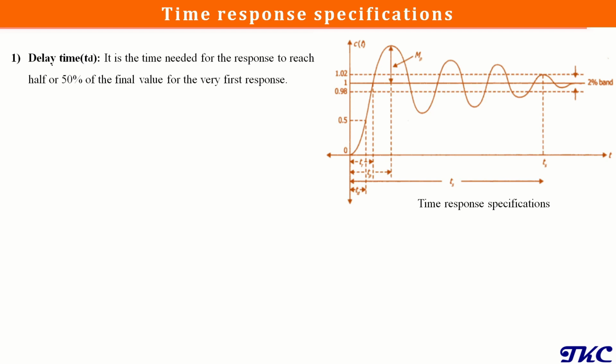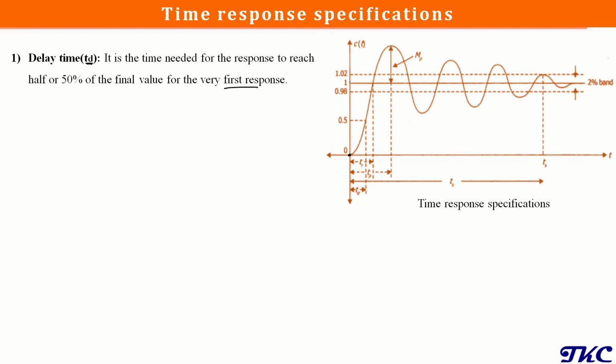So let's define the first term here. The first term is the delay time, and it is represented by TD. It is the time needed for the response to reach half, or 50%, of the final value. Here we can see that whenever we give input to the system, the output will show up from 0 and rise to some value.